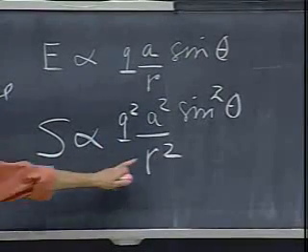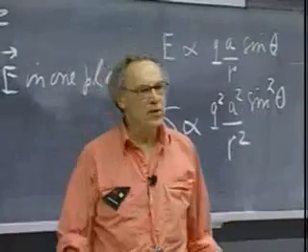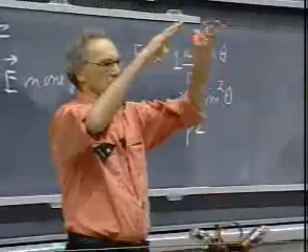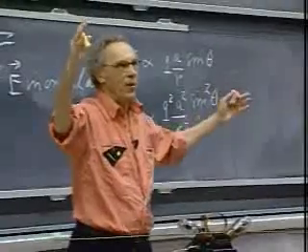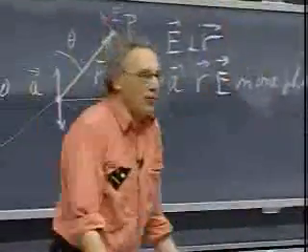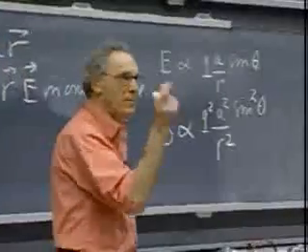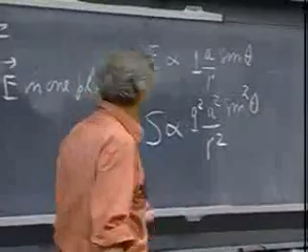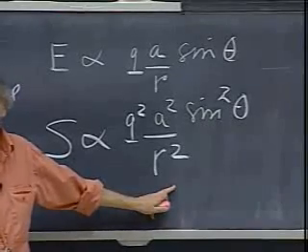That is obvious, because if you have a sphere and radiation goes out, and you're twice as far away, then the area of the sphere is 4 times larger. And so the amount of energy per square meter must be 4 times lower. So the Poynting vector must fall off as 1 over r squared. That's conservation of energy.